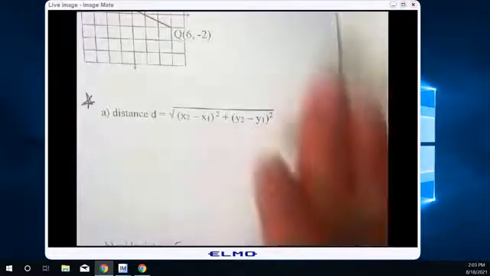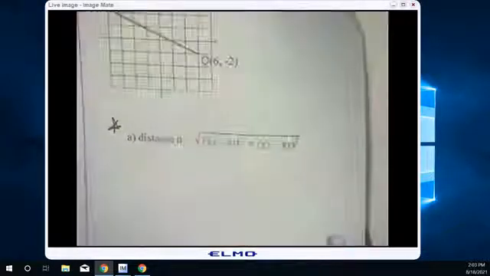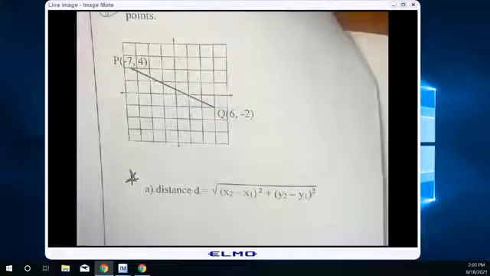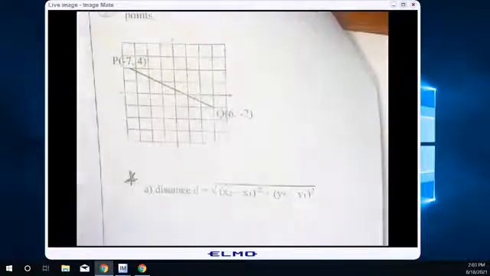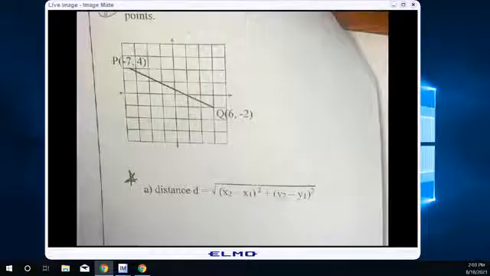All right, so distance. Which one is x sub 1? Which one is x sub 2? It does not matter. You make an executive decision. Pick your point. Which one do you want to be the first one? Which one do you want to be the second one?